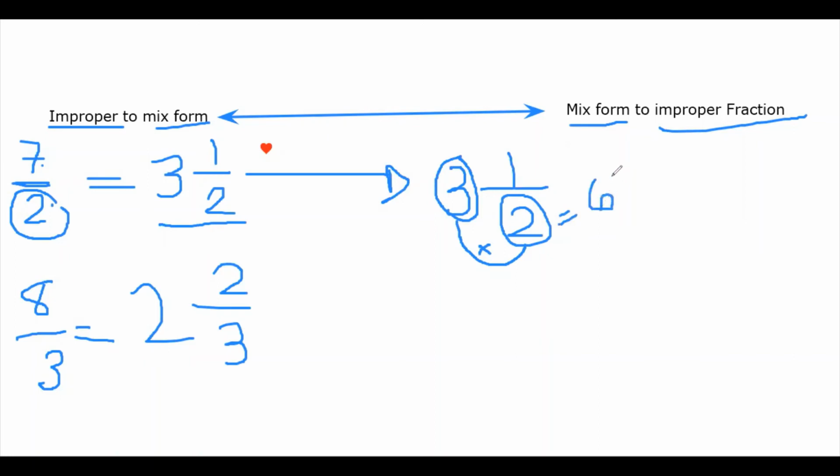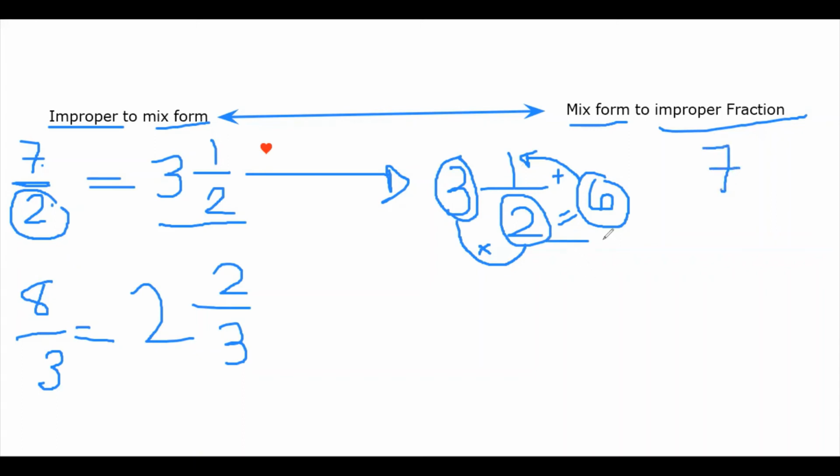The product, or the result of multiplying 3 and 2, is 6. The last thing that you are going to do is to add the result to the numerator. So 6 plus 1, we have 7.